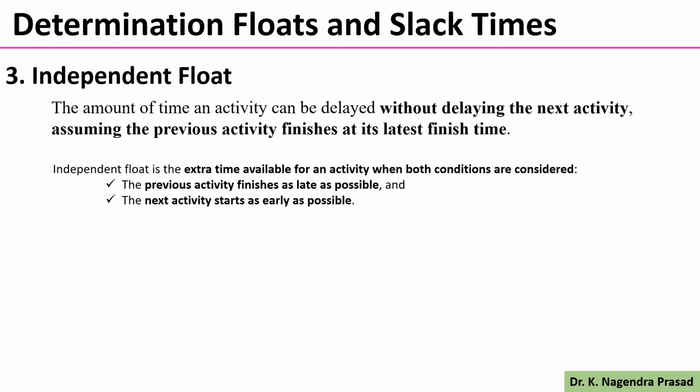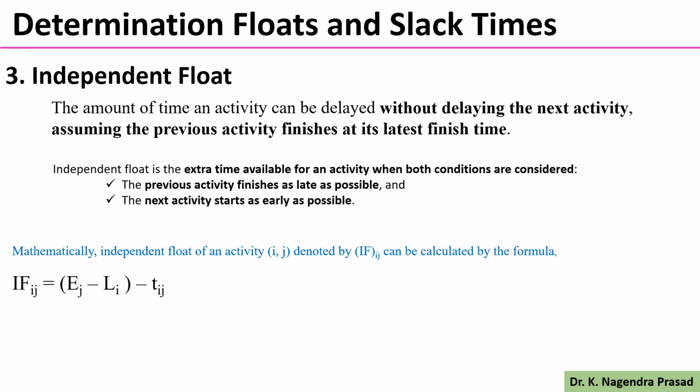In simple terms, independent float is the extra time available for an activity when both conditions are considered. The first condition is that the previous activity finishes as late as possible. The second condition is that the next activity starts as early as possible.